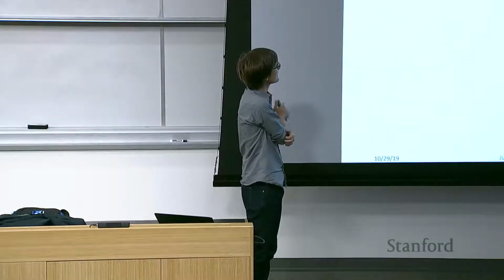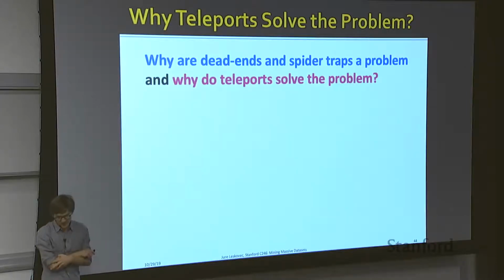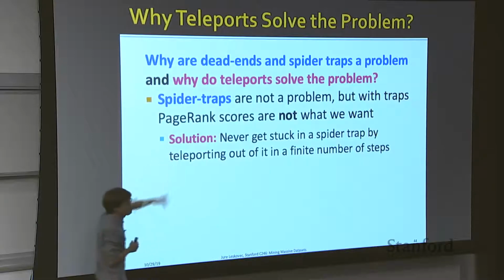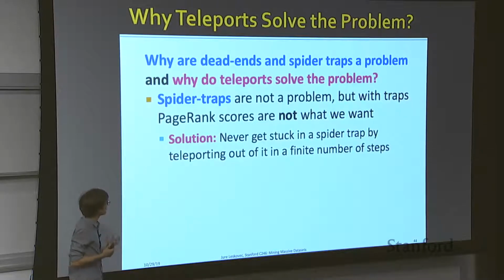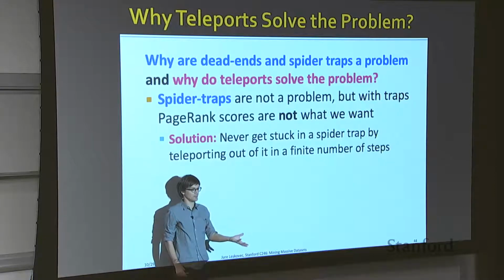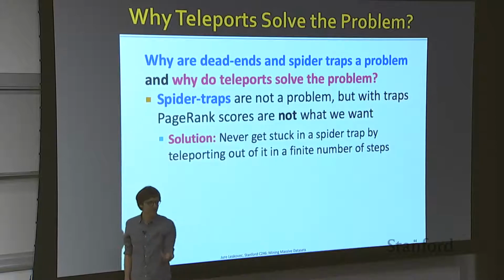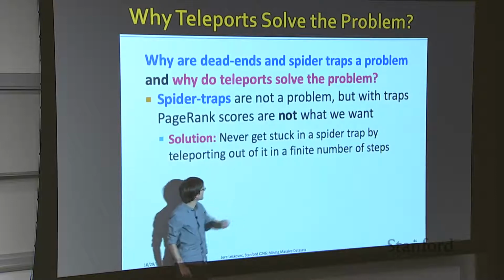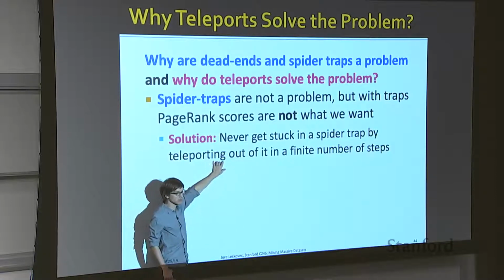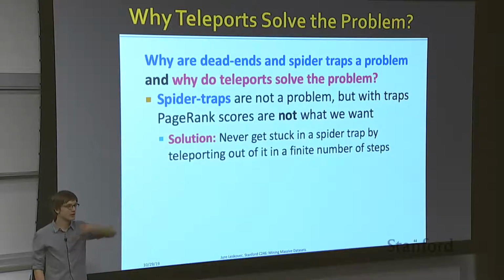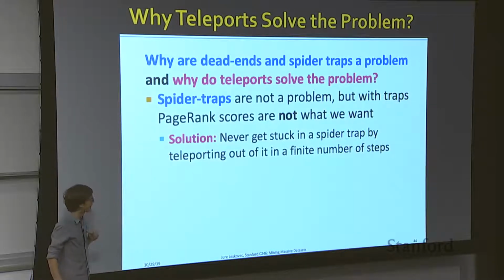Okay? So what is the solution to the dead ends and spider traps? Why do teleports solve the problem? As I said, spider traps by themselves are not a problem from the convergence point of view, but they are a problem because PageRank gives us something we don't want. It gives us a trivial result that's useless. So the solution is we don't want to be stuck in a spider trap, so we use teleportation so that after some finite number of steps in the spider trap, we teleport out of it and save ourselves, right?